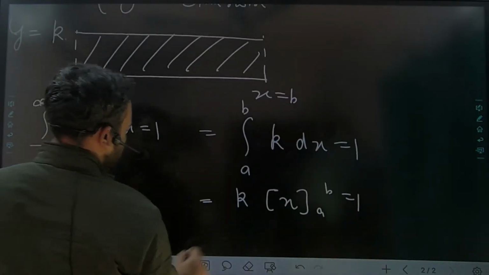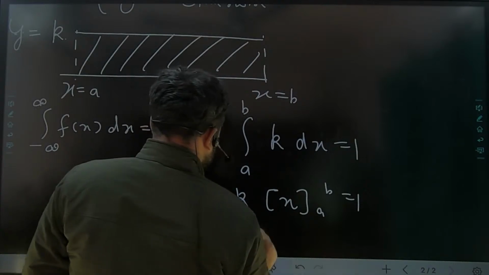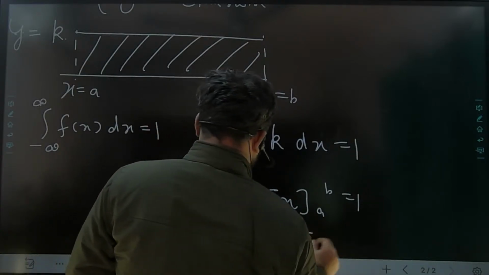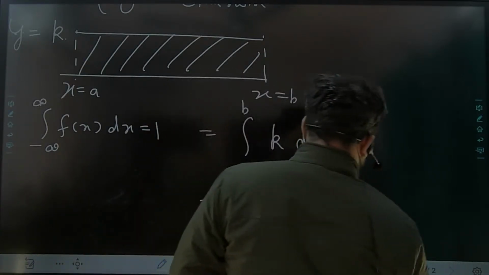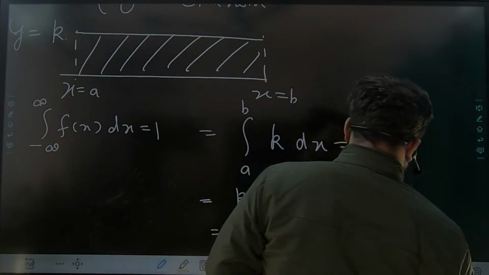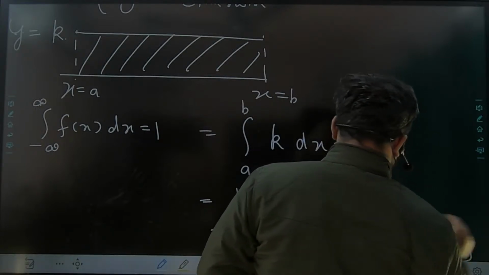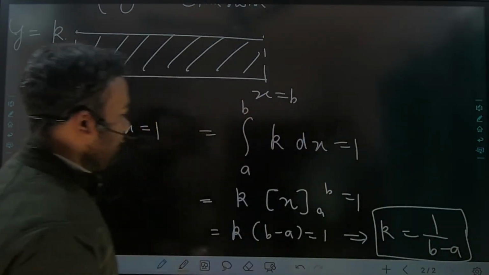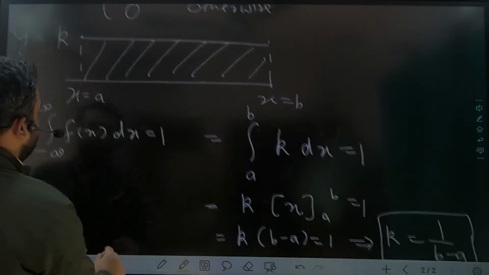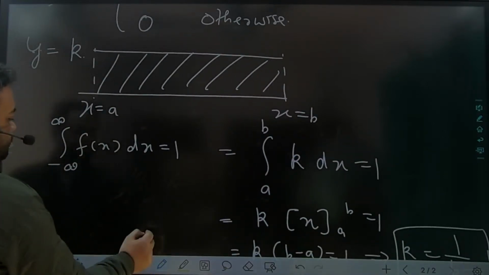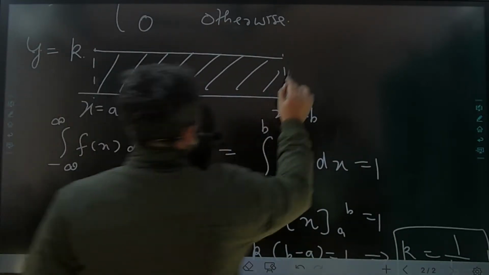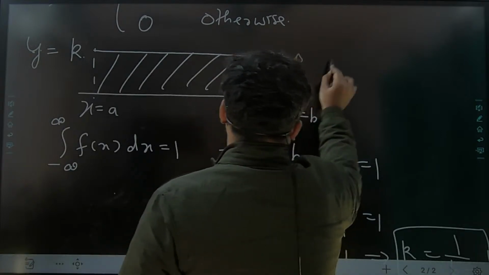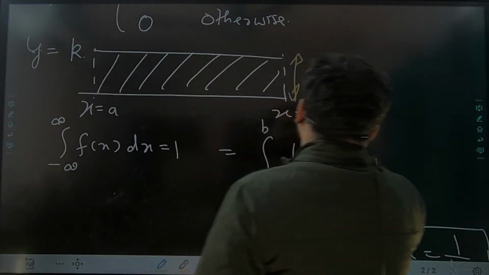This will come out as k times (b minus a) equal to 1, which implies the k value is nothing but 1 upon b minus a. So this k value I came to know.